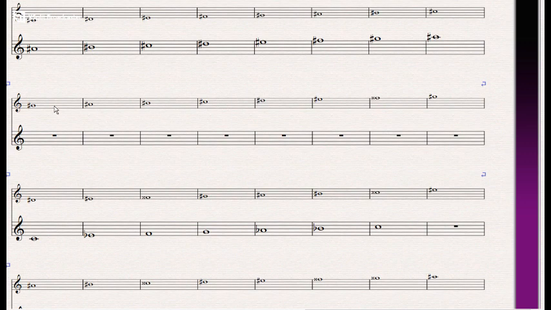We have a G sharp major scale. The relative minor is going to be 1, 2, 3, 4, 5, 6. It's going to be E sharp minor. So I'm going to start with E sharp minor. And now look, our F is going to be double sharp. So let me put that in here.